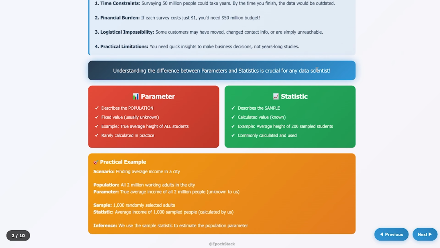So what is inference? You have the population data, you have the sample data. Now, based on the sample data, you have to draw conclusions about the population. That is called inference: you are drawing conclusions about the population using the sample data.